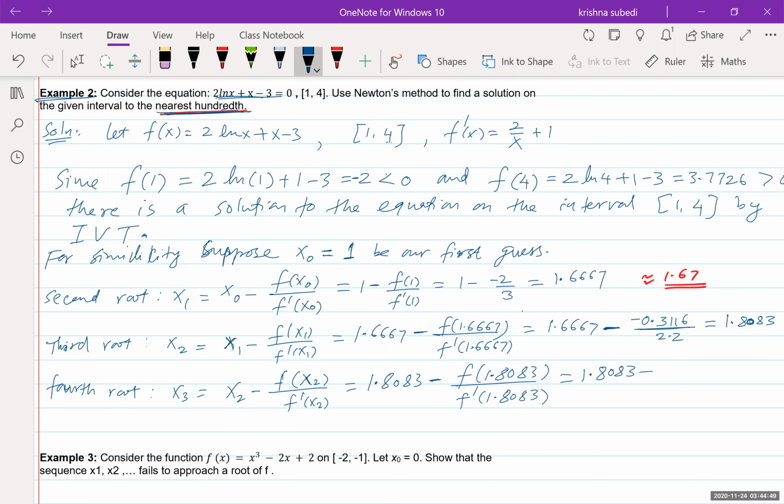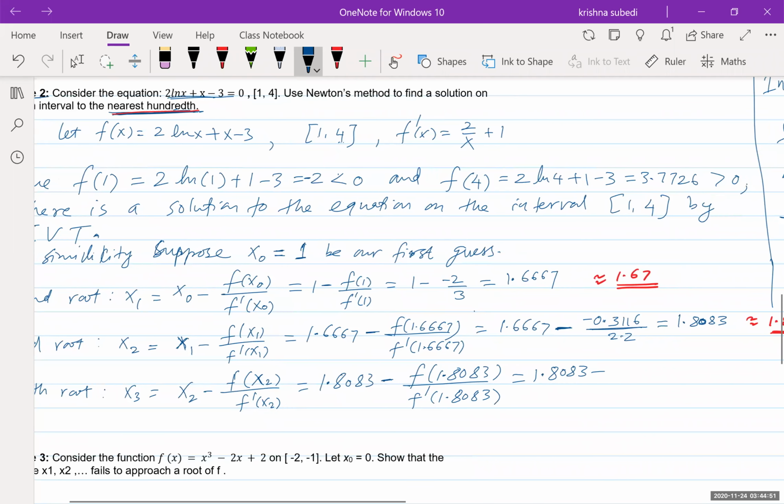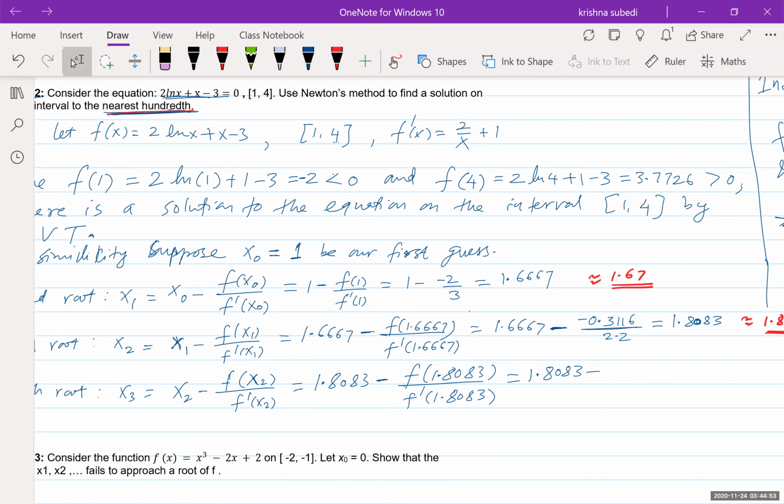Which gives me 1.8083 minus, let me plug in this value in that function, and my calculator is giving me negative 0.0069 over 2.106.